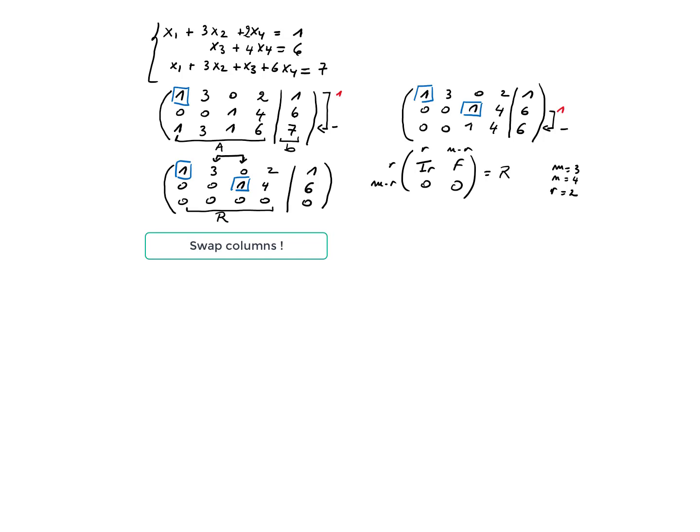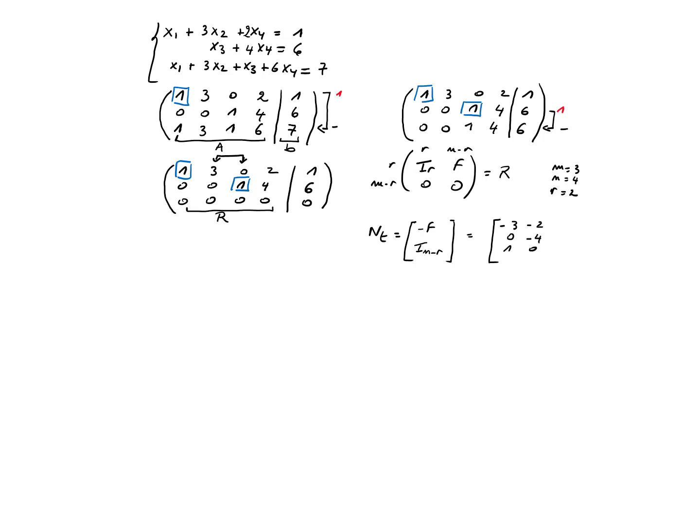We can now obtain our temporary N. Our temporary N is minus F, and we have to put an identity matrix of dimension n minus r, so it's 2 over here. So if we write that, we have minus 3 minus 2, 0 minus 4, and an identity matrix.